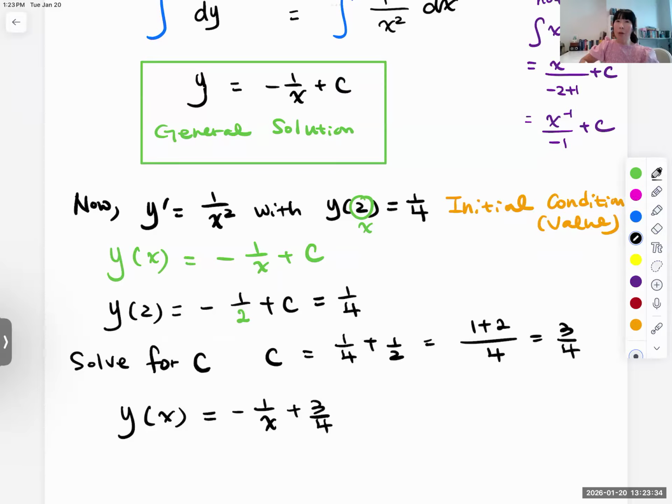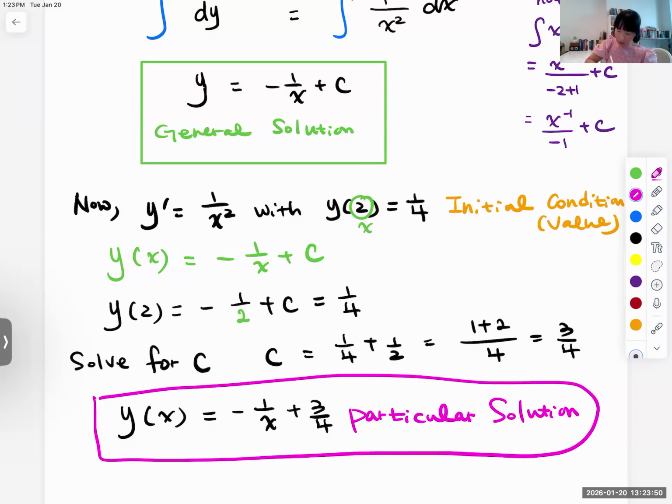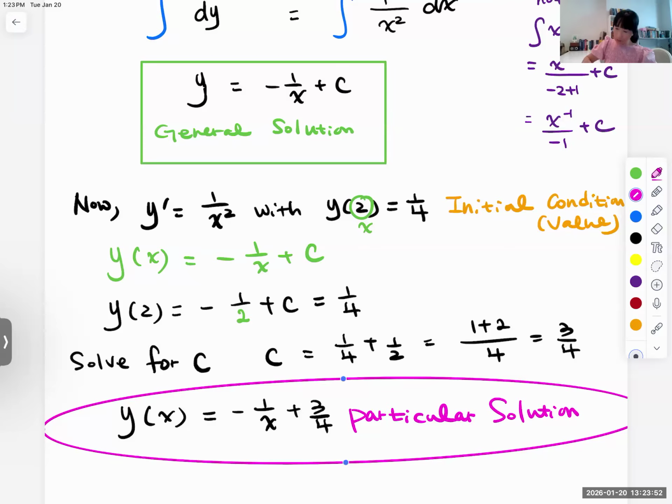So we call this a particular solution. You guys okay with this?